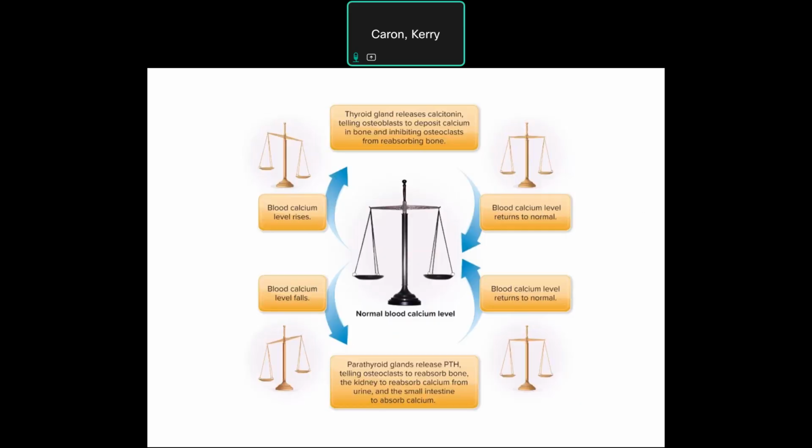This is another very general view of how homeostasis comes into play when we're talking about calcium levels in the blood, whether it rises or decreases. Our body is constantly having homeostasis control it to the set point it needs to be at. Okay, that is enough for that.